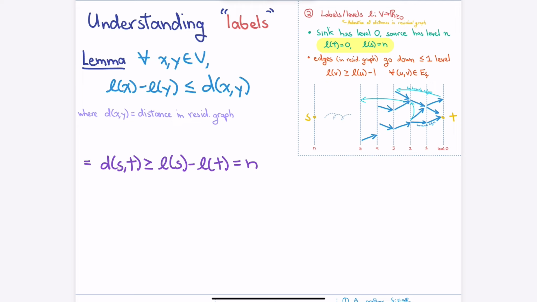And why N in particular? Even better, distance is counting edges. So there's never a path from S to T in the residual graph. So the algorithm will always maintain this invariant. There's actually no path left from S to T.